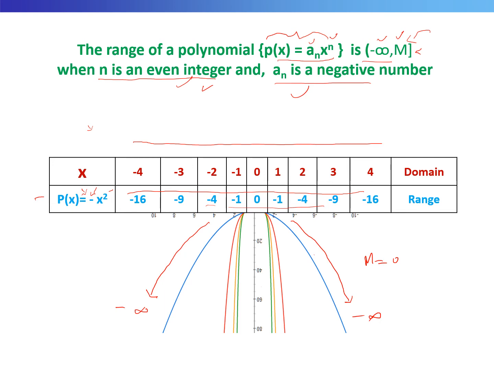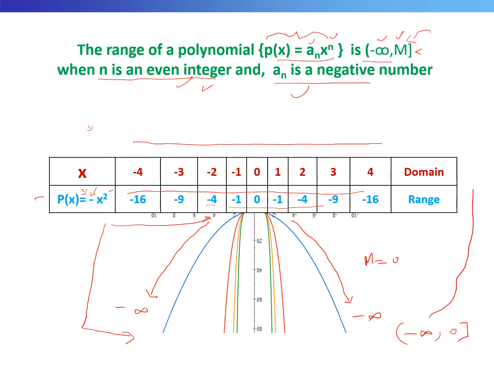So we can say also that the range, which is along the y-axis, the least value is this, and the highest value is 0. So we can say that the range is from negative infinity, the least, all the way to 0, which is the largest.